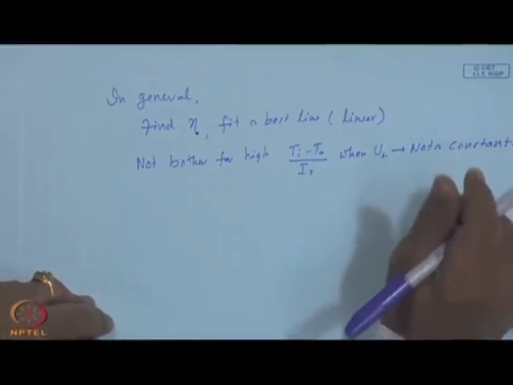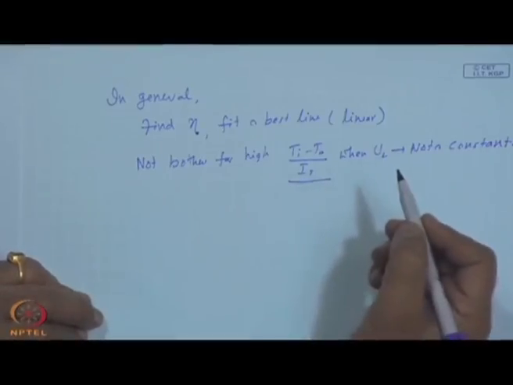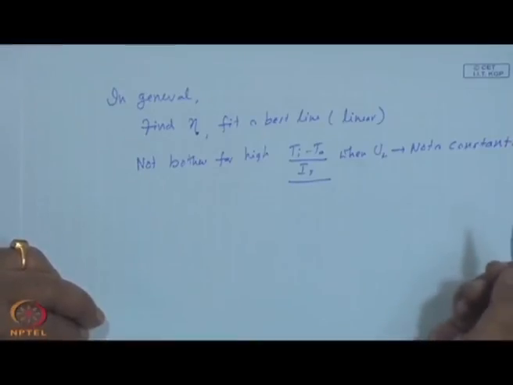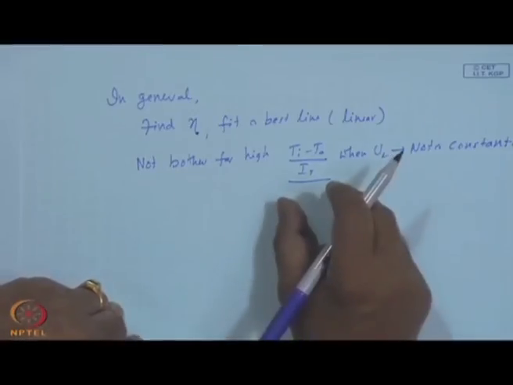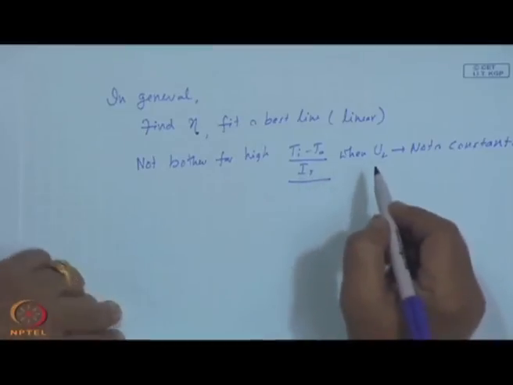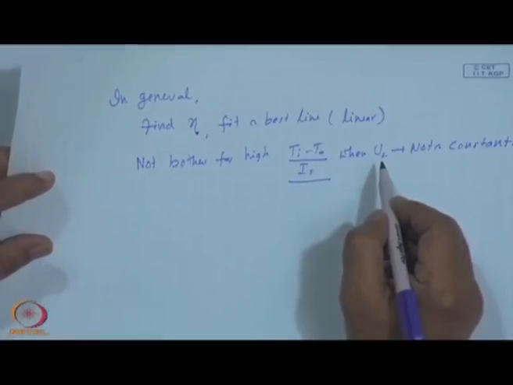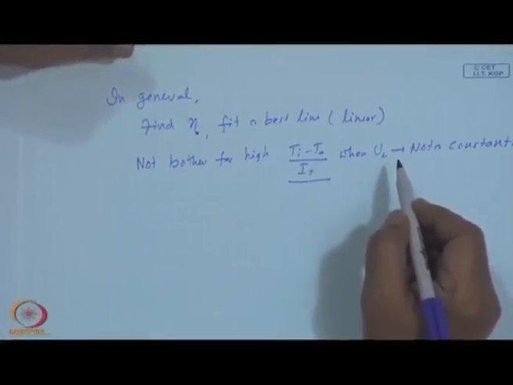So, we assume that the collector will be operating at reasonable values of (T_I minus T_A) upon I_T. One can have an idea of the numbers when we solve some exercises, and you do not go to a very large value of (T_I minus T_A) by I_T. So, that variation of U_L makes the efficiency variation nonlinear, not because you are afraid of the nonlinearity, but the efficiency will be low, consequently the effectiveness of the solar collector will be small.